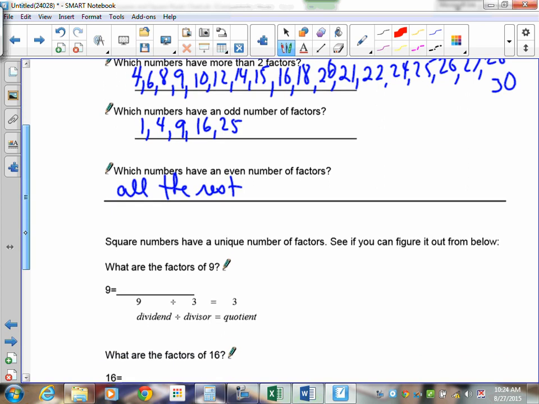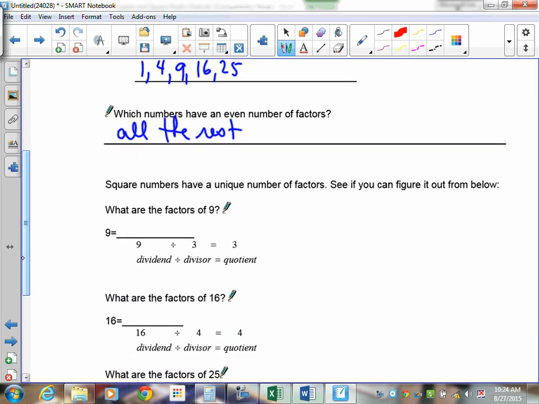Now, square numbers have a unique number of factors. See if you can figure it out. What are the factors of 9? Well, we know that 9 divided by 3 is equal to 3. So we know we have 1 and 9, and we have 3. 3 times 3. Okay?